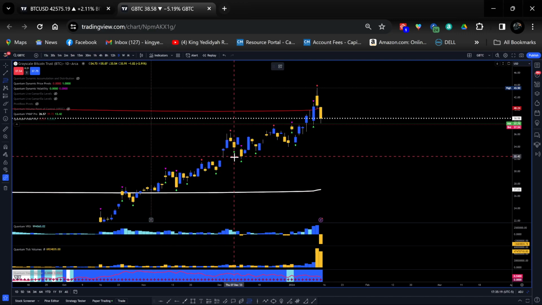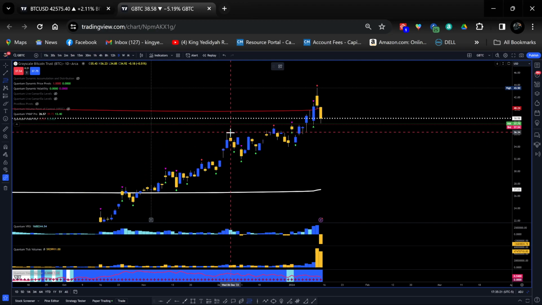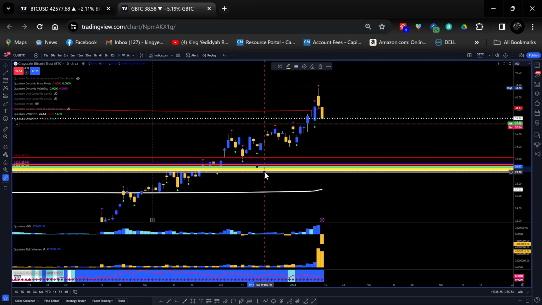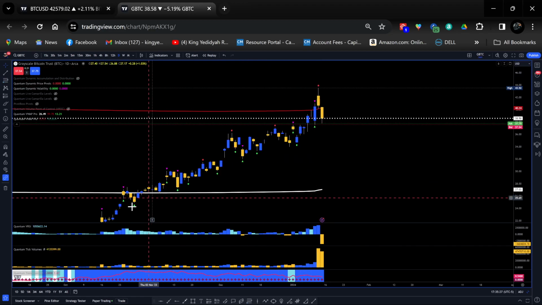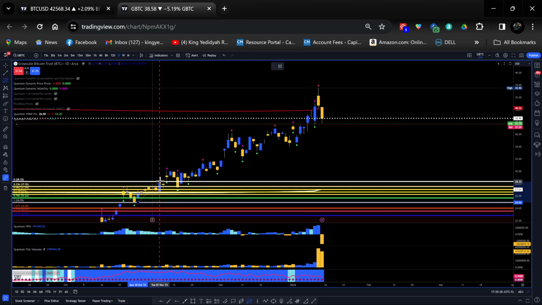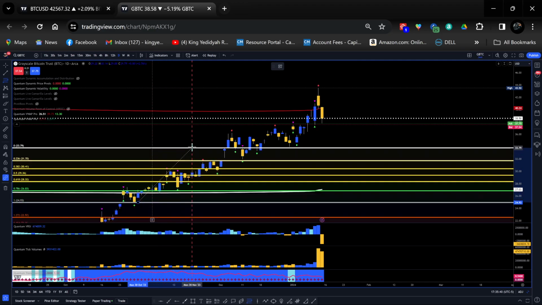Let's try it. Where should I pull it from? From the top or from the bottom? We'll come all the way to the bottom. So this very bottom candle on the left. Right here? Yeah, the very bottom one. That would be your start point. And we're going to where?